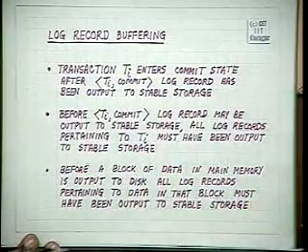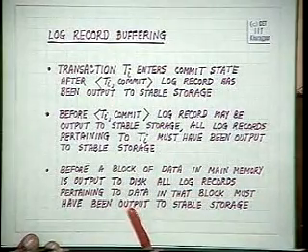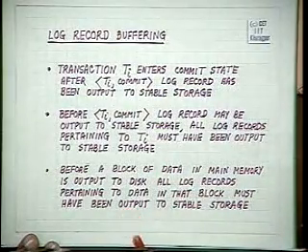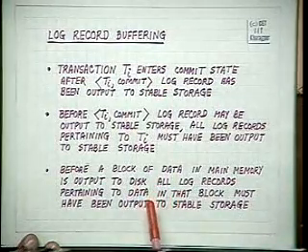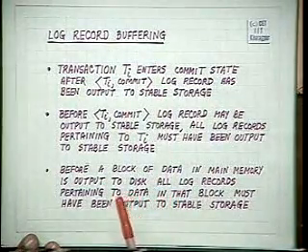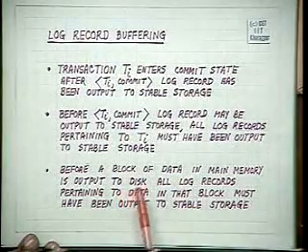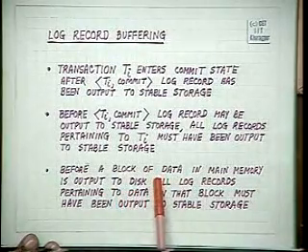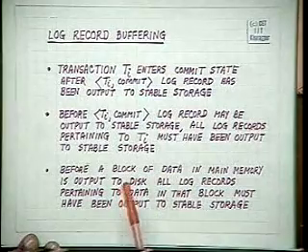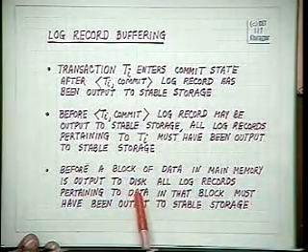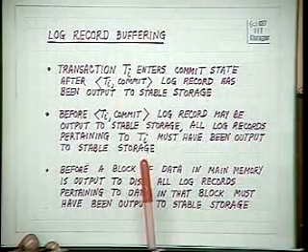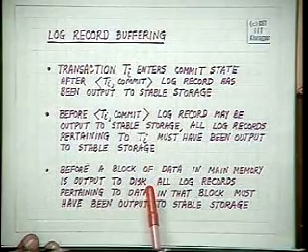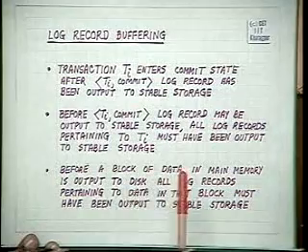So the output function must now be very carefully written in case of log record buffering. You must maintain pointers to the blocks corresponding to the data in the database. You must maintain information whether the log record for this data is in the memory, or you must determine that information somehow, or it has already been written.